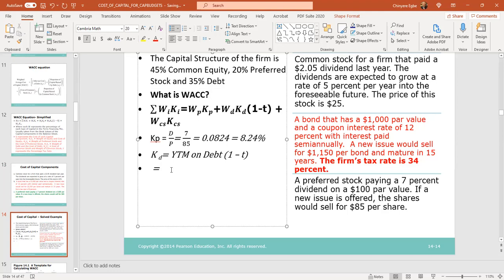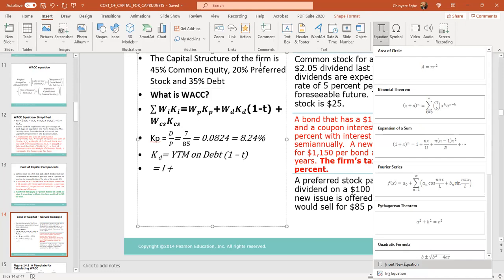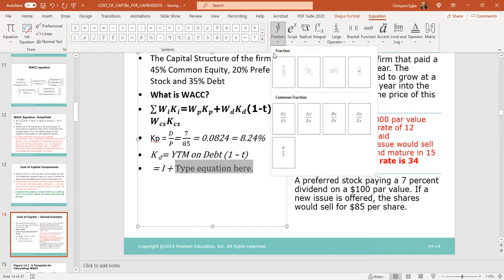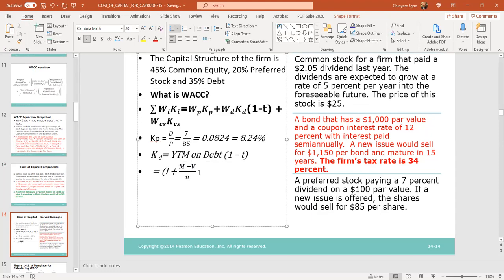So we're going to use the formula for YTM. The formula is I plus (M minus V) over N, divided by (M plus 2V) over 3. I'm going to take my time so that we can understand what we're doing.